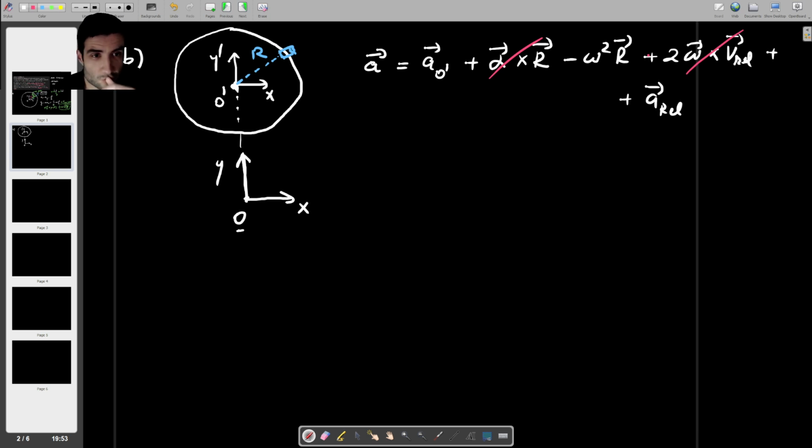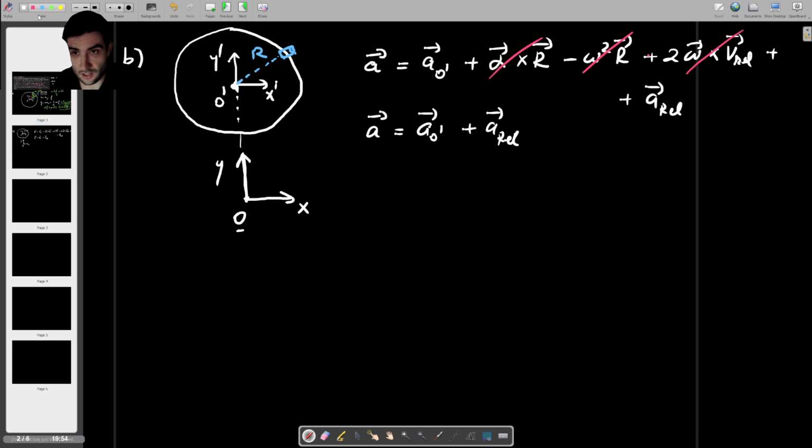And on top of that, we can also cancel this, because omega is, or would be, the angular velocity of the second coordinate system, which we're not causing to rotate in this case. So we have that the acceleration of the car is going to be equal to the acceleration of the non-inertial frame of reference plus the relative acceleration of the car with respect to the non-inertial frame of reference.